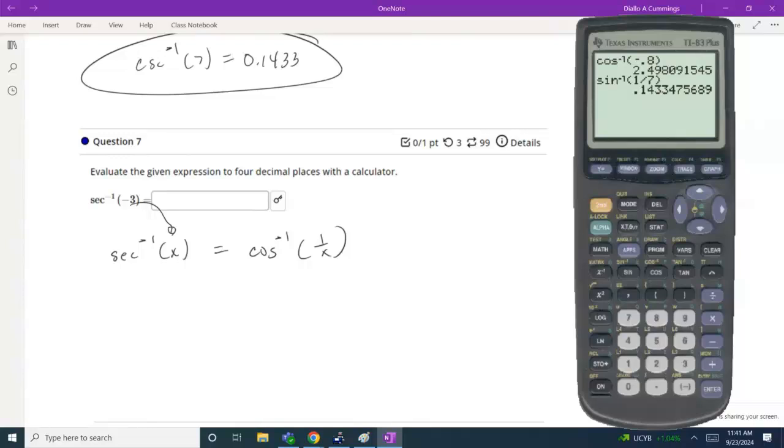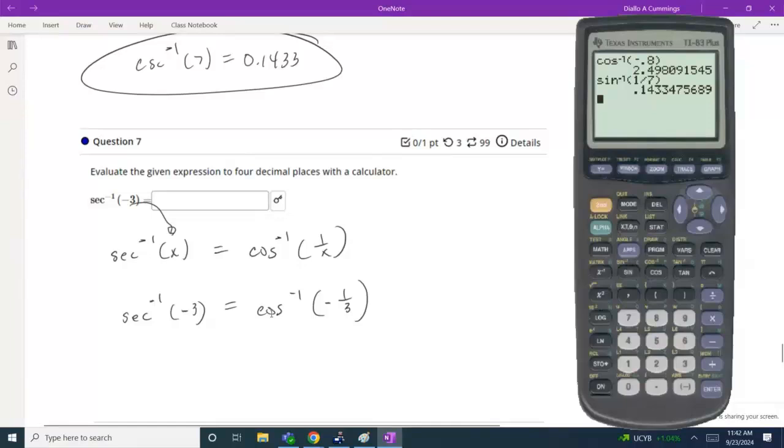In this formula, I'm just going to substitute x for negative 3. So the arc secant of negative 3 equals the arc cosine of negative 1/3. I'm just taking a reciprocal. I'm not changing the sign or anything. Negative 3 over 1, when I reciprocate, becomes negative 1/3.